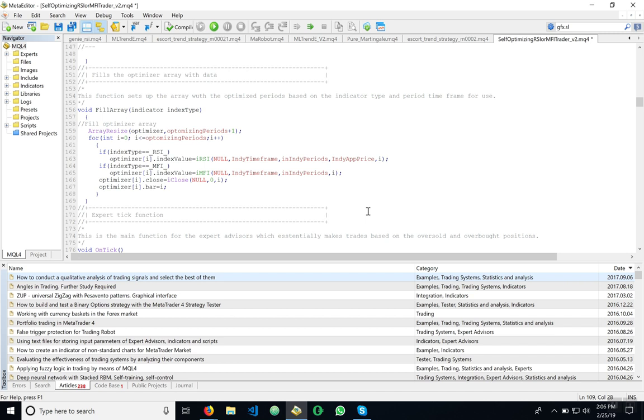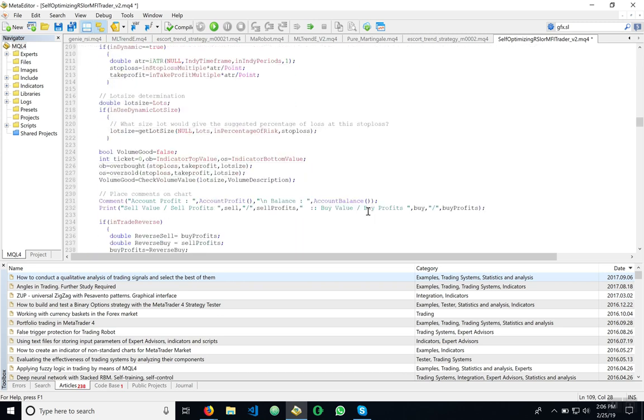So it grabs the specific period and time frames based on the indicators for that section that will now be tested based on the oversold and overbought calculations.